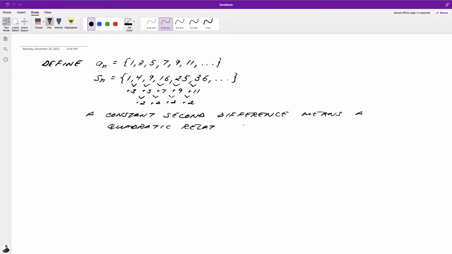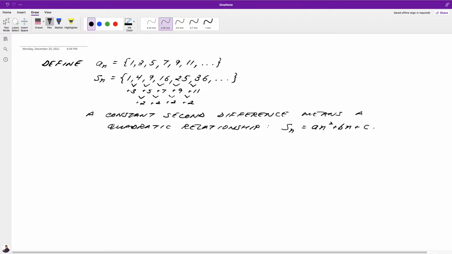And that we can generally define as S sub n equals an squared plus bn plus c. Of course, n here has to be a positive integer. We can treat it just like we would a continuous quadratic function, but this is an important stipulation here for when all is said and done.